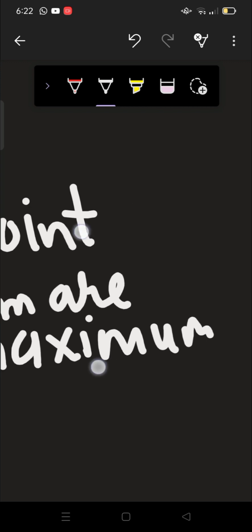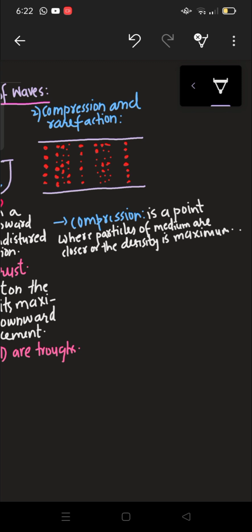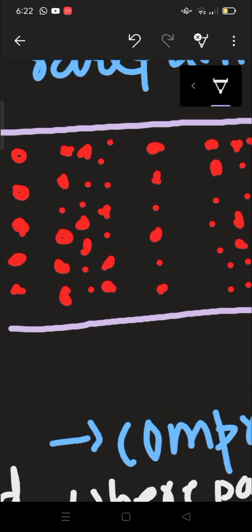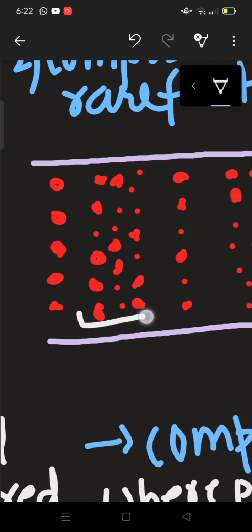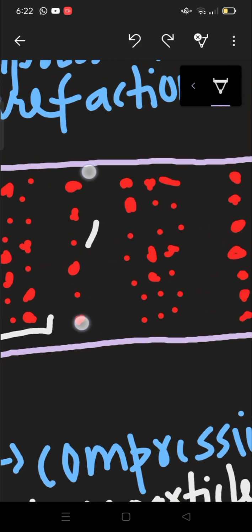Okay, so let me tell you about this definition first so that we can understand it. Compression is a point where particles of the medium are closer or the density is maximum. So here, as you can see, where the density is higher or maximum, the particles are closer. Again, this is not, because particles are not closer.